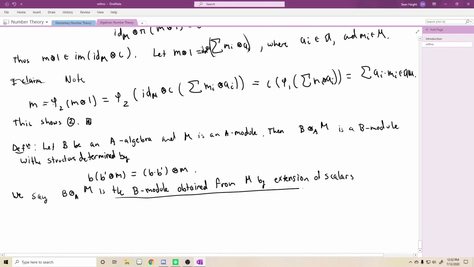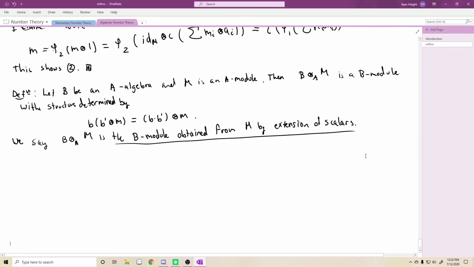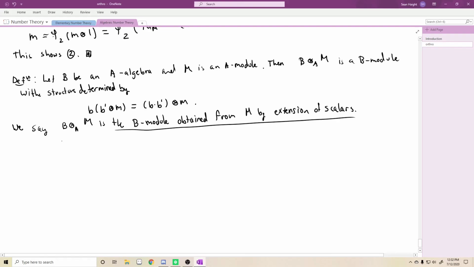Okay. So one classic example of this is when you take a real vector space, say a 4-dimensional one, you take R^4, and you can tensor it over R with C, and this is going to give you a complex vector space from your real vector space. This is probably the most classic example of extension of scalars.